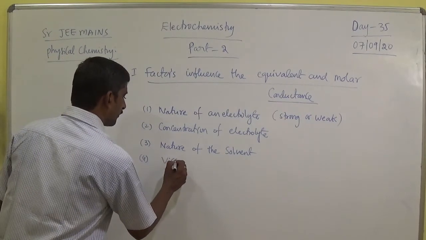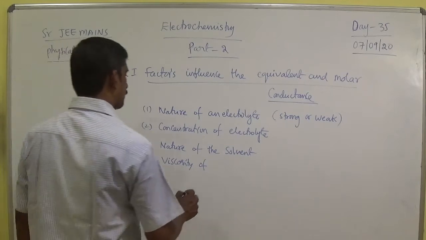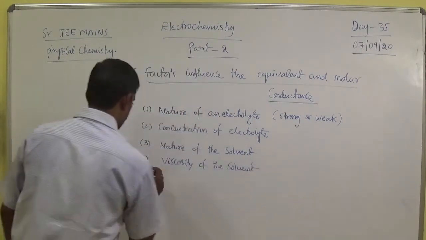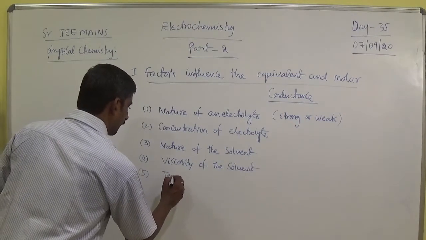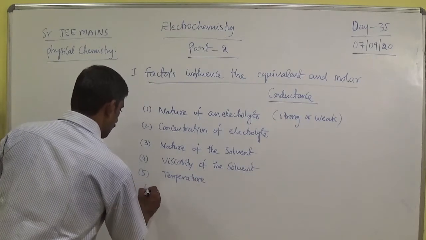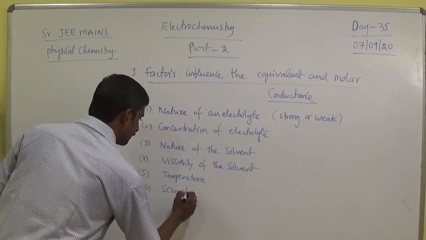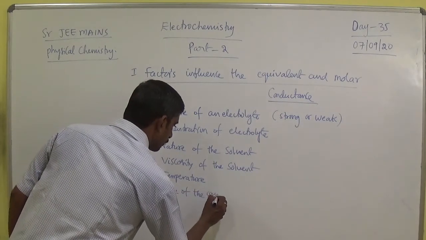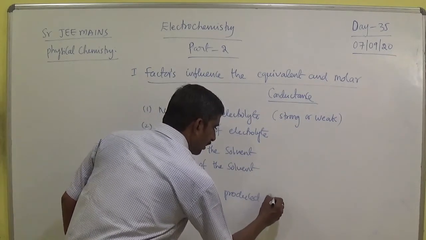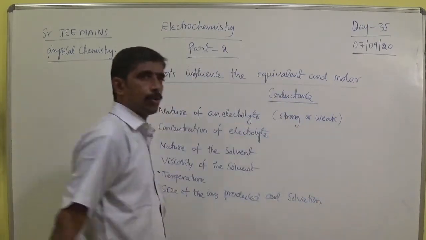Fourth, viscosity of the solvent. Fifth is temperature. And the sixth is the size of the ions produced and solvation.